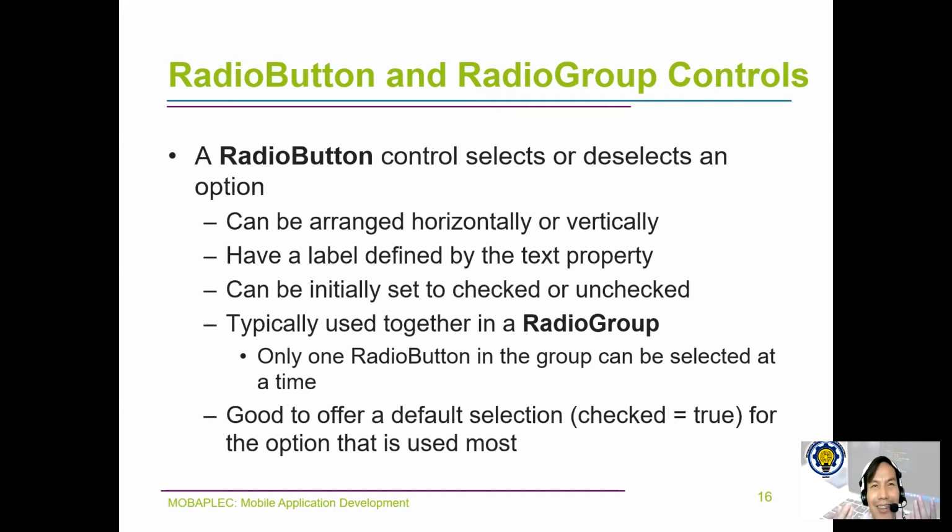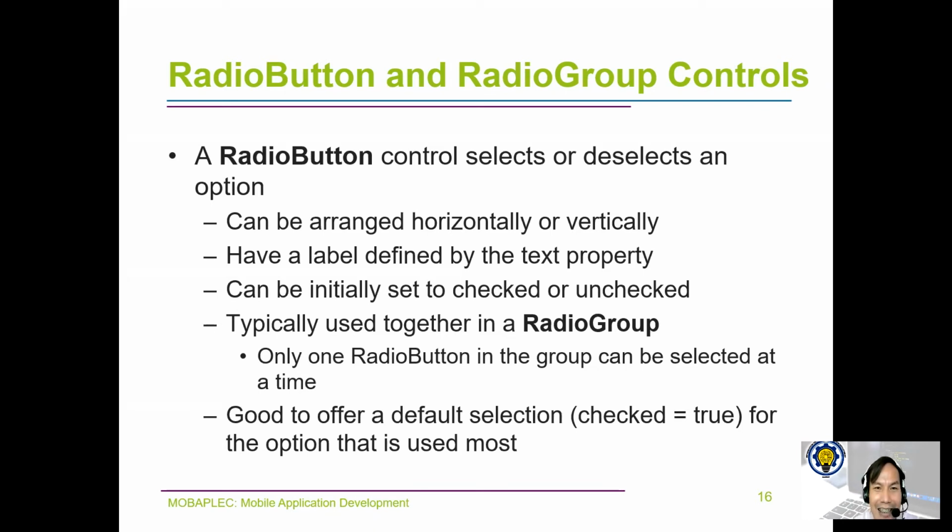For example, you're going to select your gender, male or female. So technically, you cannot select both male and female. Not unless you're going to create a checkbox. If you check the checkbox, that will be okay. Check it all, or without check, or uncheck. Unlike a radio button, you need to select once.